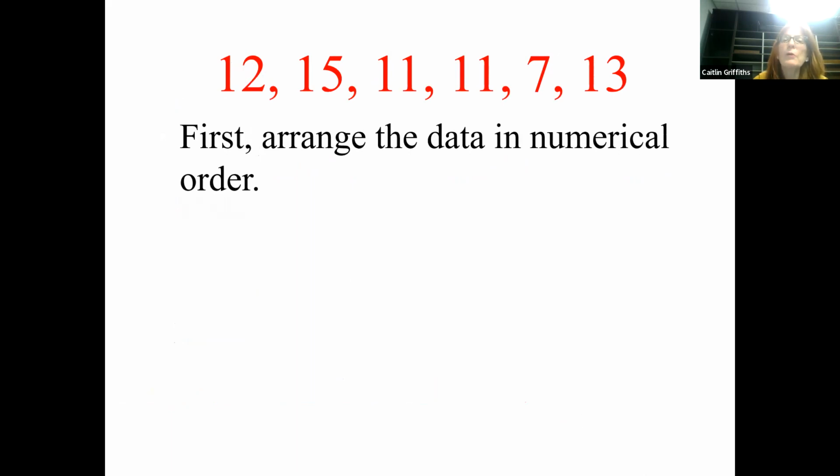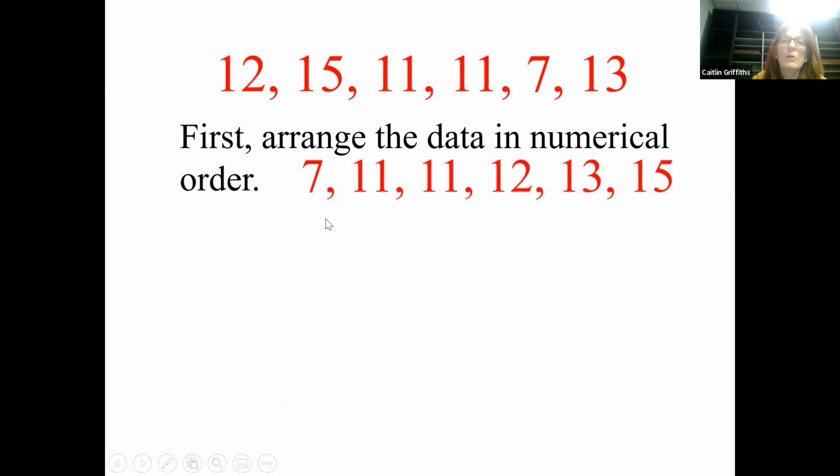Now for another group of values, which will show you an even number of data points. This is an example: 12, 15, 11, 11, 7, and 13. When you arrange them in order, you see that there is no central number because there is an even number of values.